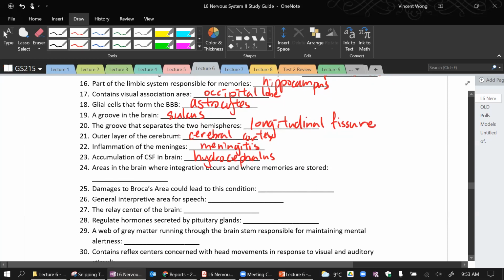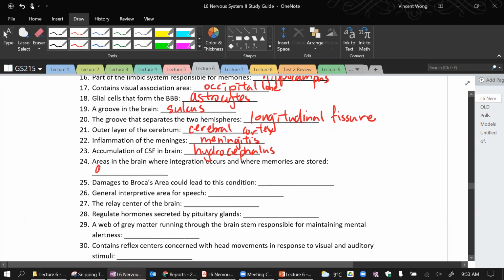Areas in the brain where integration occurs and where memories are stored is the association area. If you damage Broca's area, the person might have something called Broca's aphasia. Okay, they will have trouble expressing themselves. General interpretive area for speech, to understand what people are saying to you, to understand what you're reading, we need Wernicke's area.